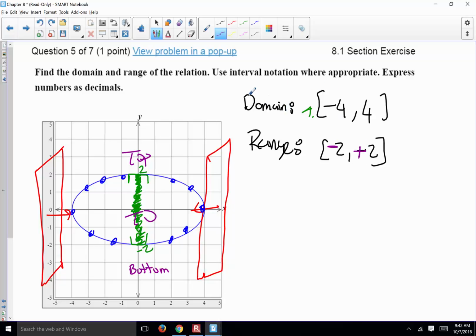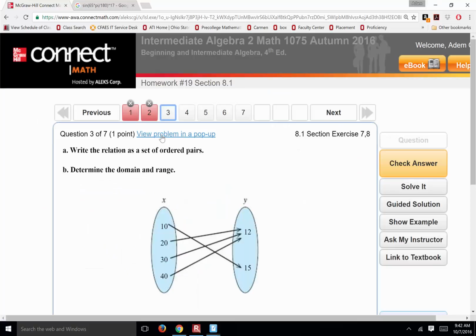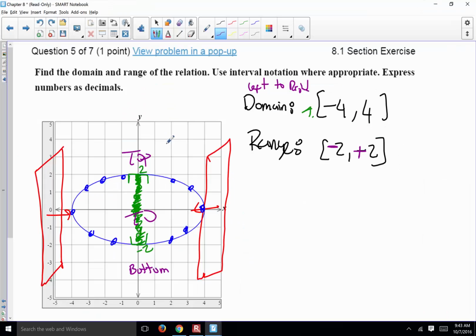When you're reading domain, you read left to right. You read the left side first, right side next. Important, okay? Just because you see this first doesn't mean that comes first. You read from bottom to top in increasing order. -2 is smaller than 2, right? Make sense?